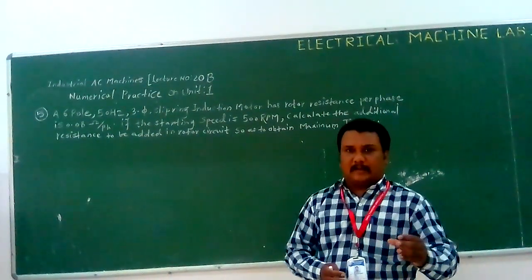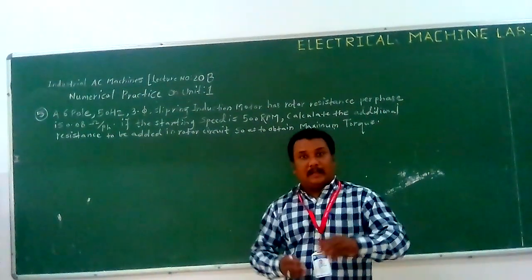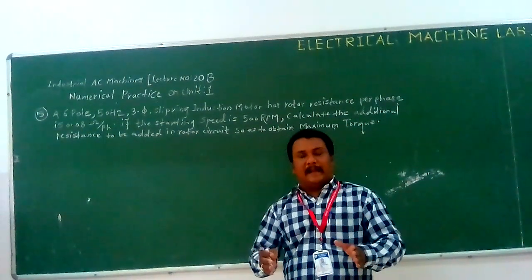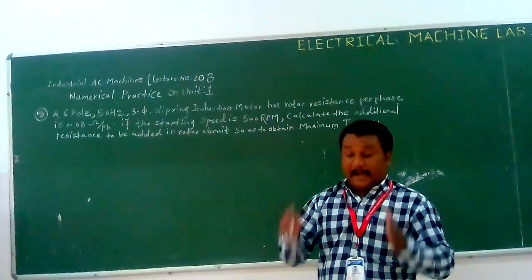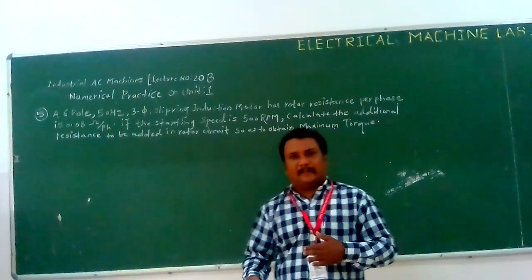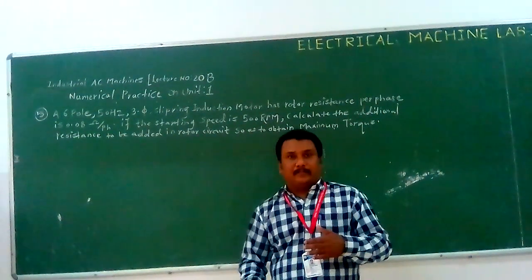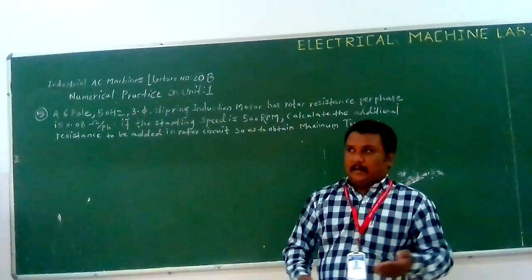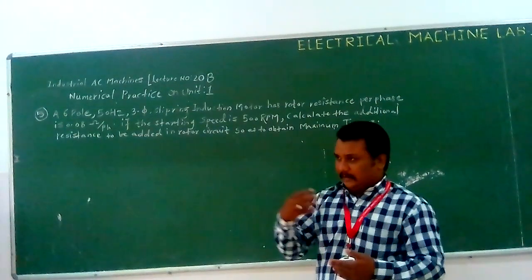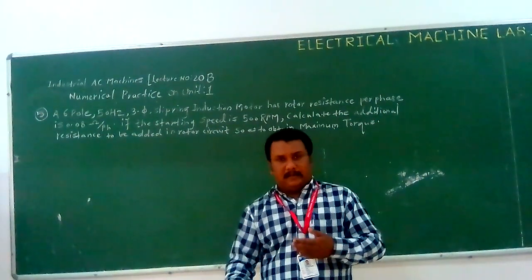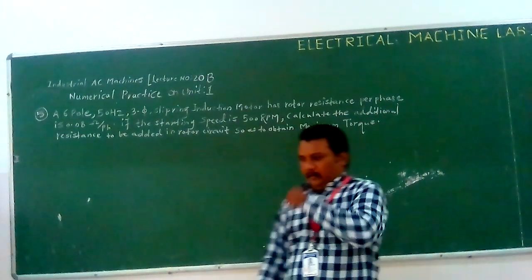Squirrel cage induction motor consists of a squirrel cage rotor and its salient feature is that it is permanently short circuited in the end rings and it cannot be accessed by the user. Also, we cannot add external resistances in the rotor circuit in a squirrel cage induction motor.